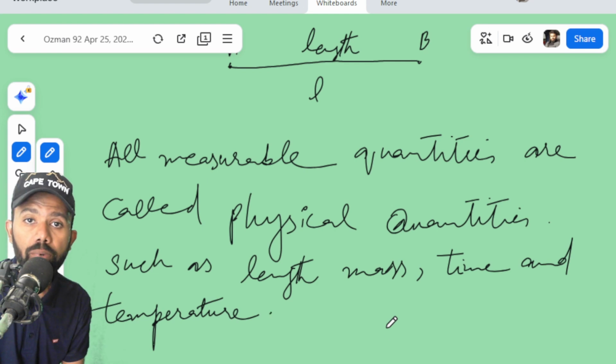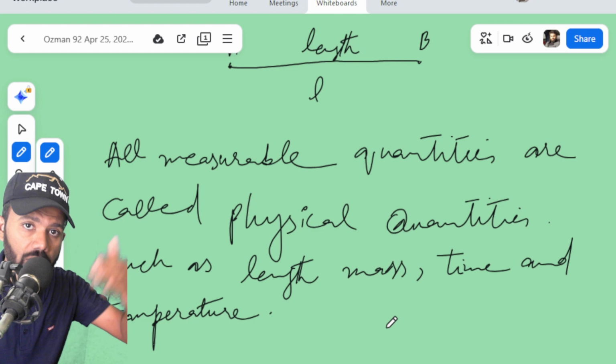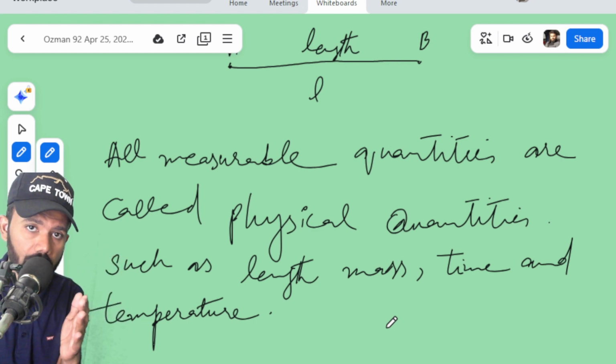Right? Temperature is a physical quantity because we can tell the change in temperature throughout the day, right? We can measure the temperature of a day.